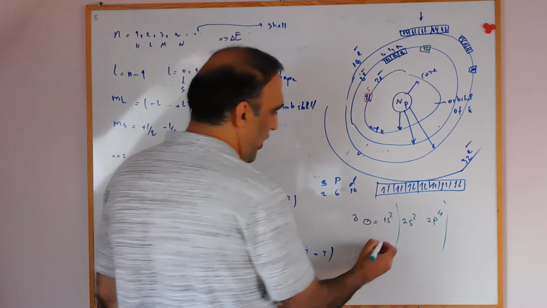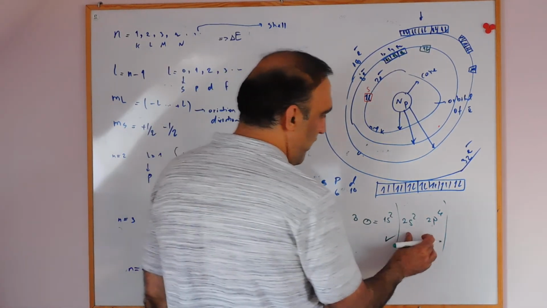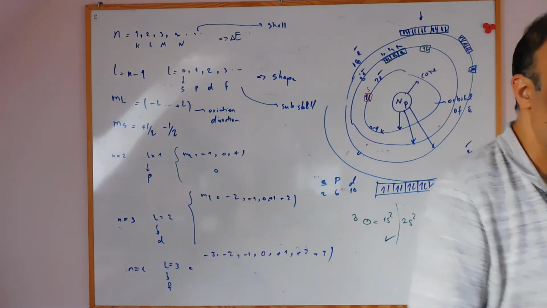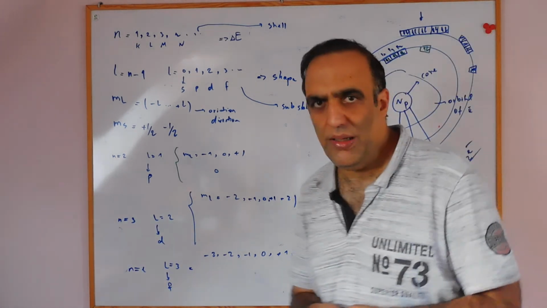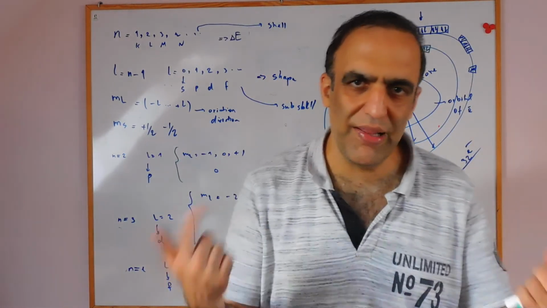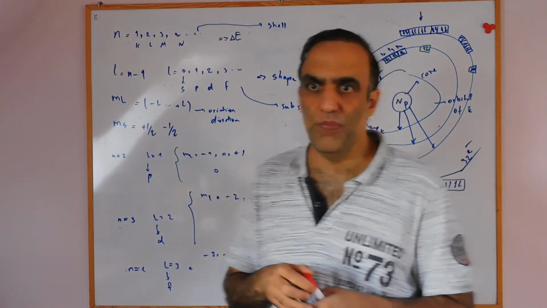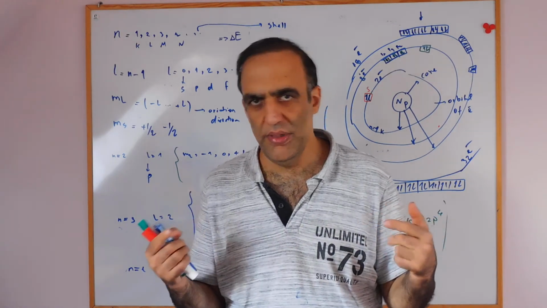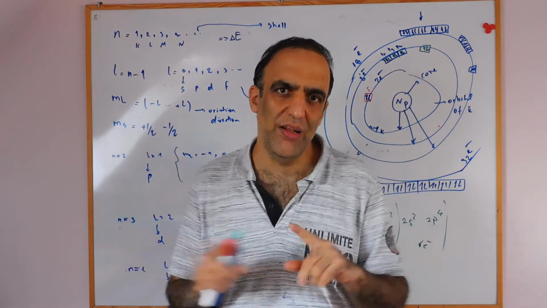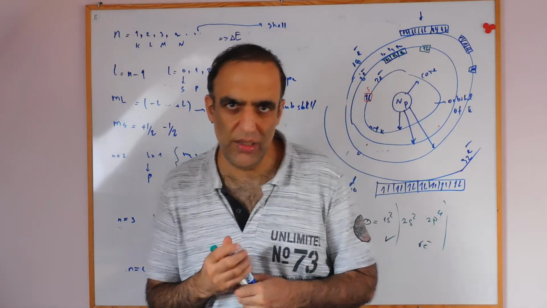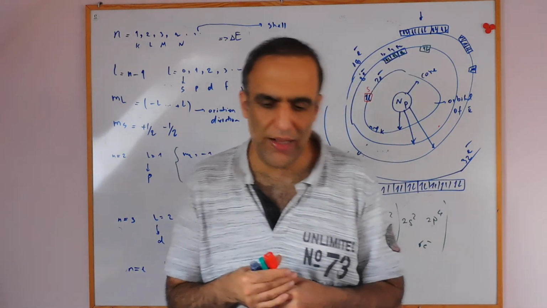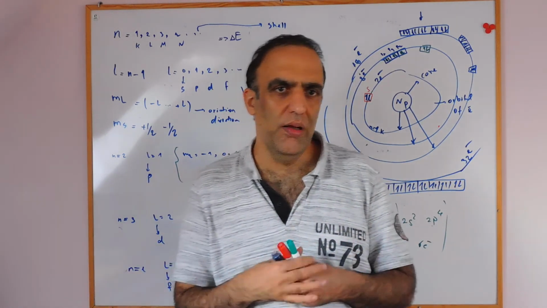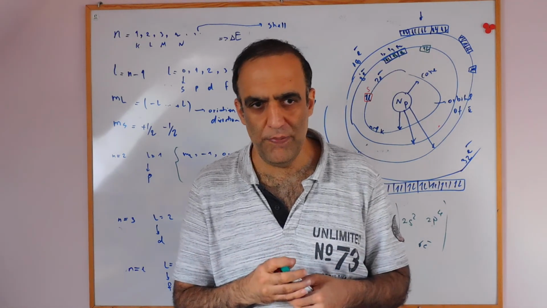The first shell is full, but the second shell can have 8 electrons and we have here 6 electrons. Then oxygen needs 2 more electrons. Okay, then it is unstable, and it can accept 2 electrons and then become more stable. Because of this, oxygen can accept 2 electrons or donate or share 2 electrons. It depends on the reaction and on the compounds, whether it is ionic or, for example, molecular or covalent bond.